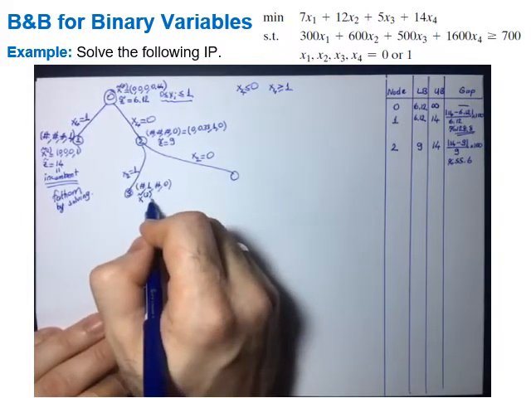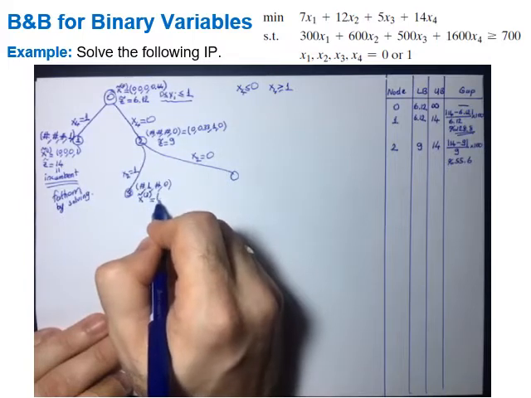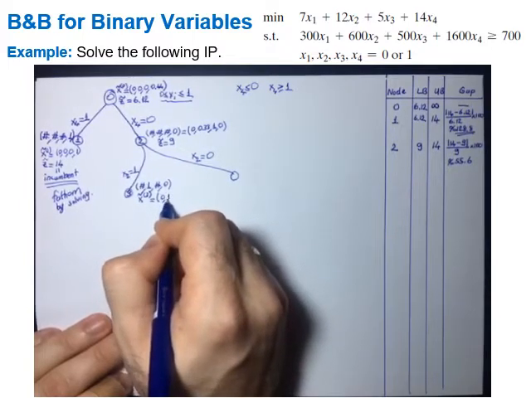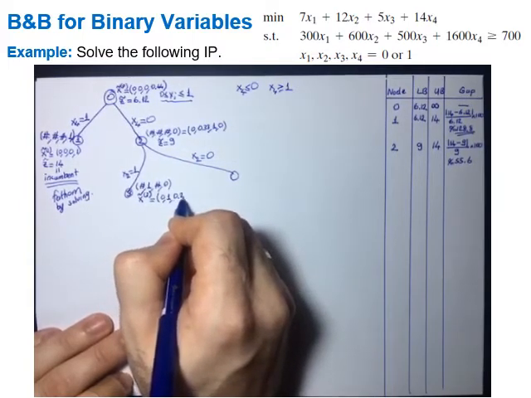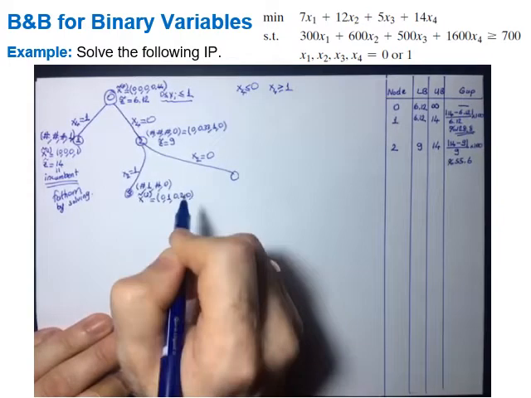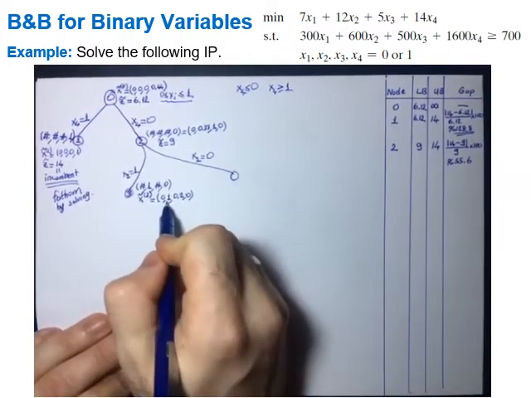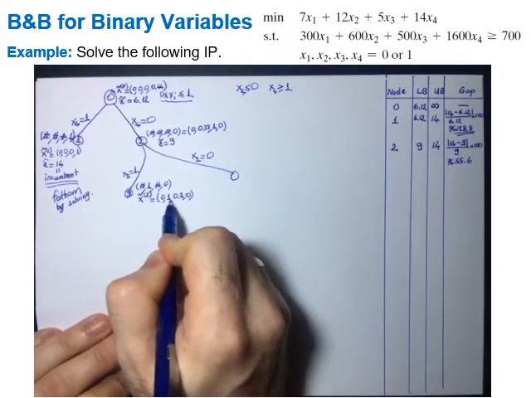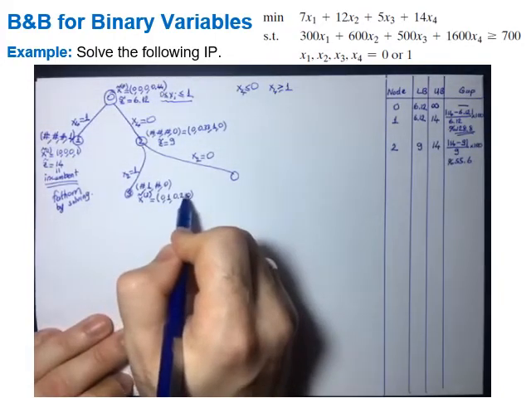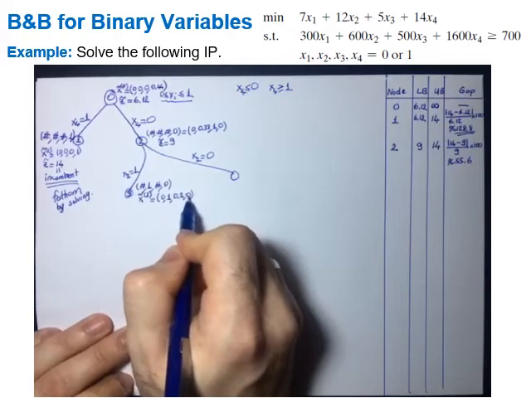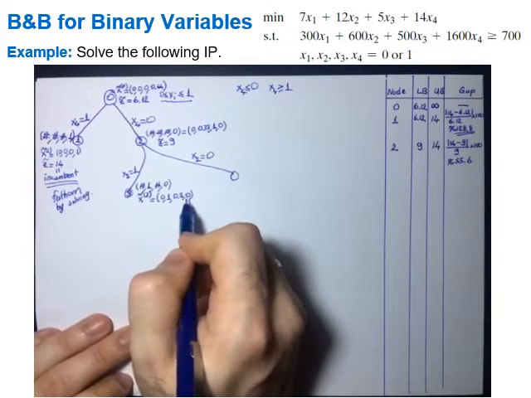The solution that we obtain is 0, 1, 0.2, and 0. You see, x2 was fixed to 1, and in the result it's equal to 1. x4 was fixed to 0, and in the result it is 0. It cannot be something different.